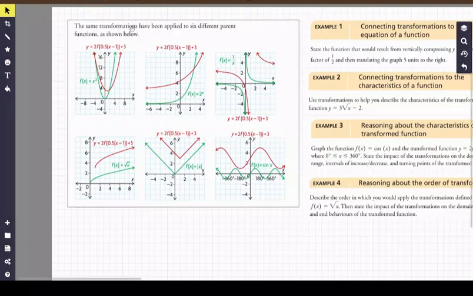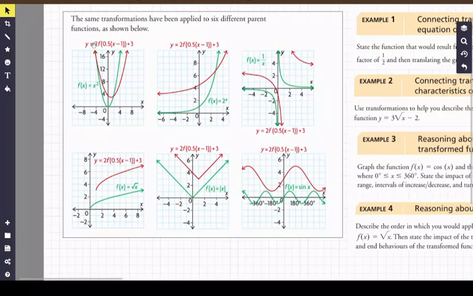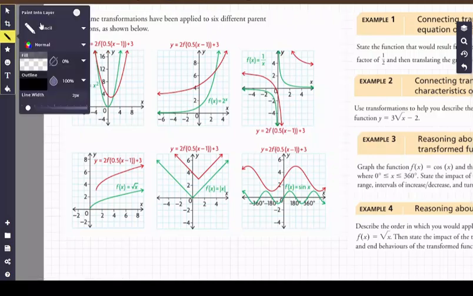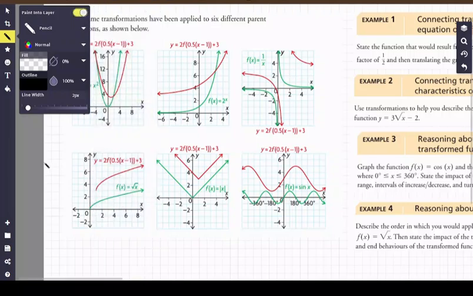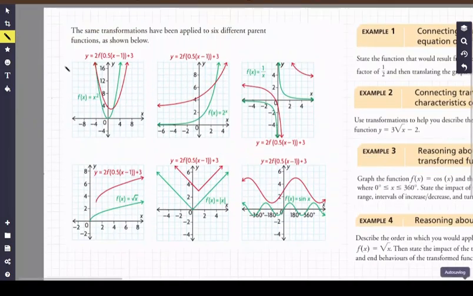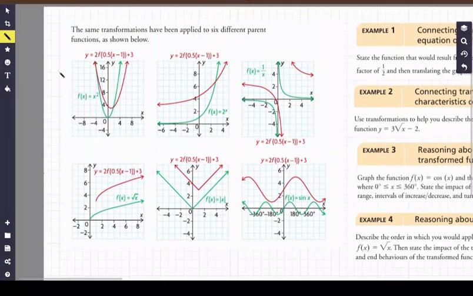So the same transformations have been applied to 6 different parent functions as shown below. We can look at these annotations and see that all of them are the same transformation. This introduces us to our generic form, where when we have the transformation, we no longer write it independently. For example, let's take y equals x squared.